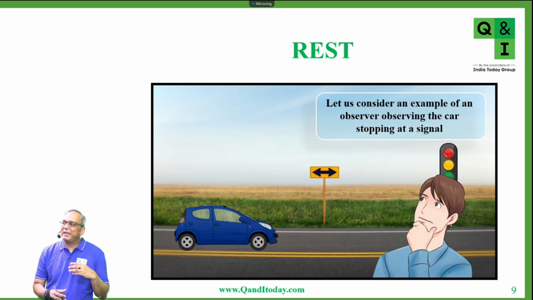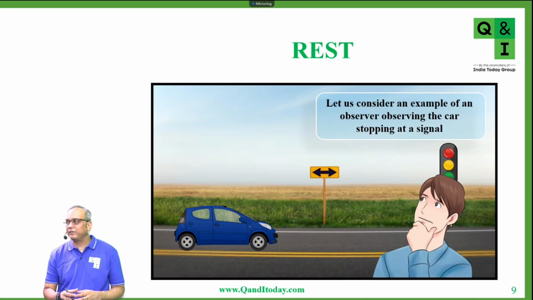When an object is moving, it will always be with respect to the surrounding or with respect to a fixed reference point. We'll come to the concept of relative motion in a while, and then we'll understand the other aspect of this as well.